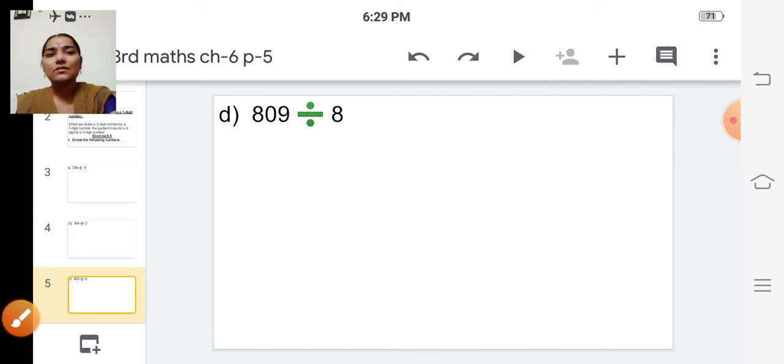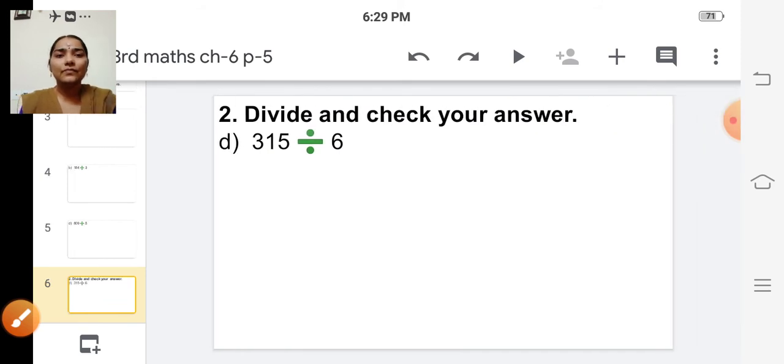Yes. So we'll move on to the next one. Second question. Divide and check your answer. So we are going to divide a 3-digit number by a 1-digit number. And we have learned how to check the answer in the previous class, isn't it? What is the formula? Divisor into quotient plus remainder.